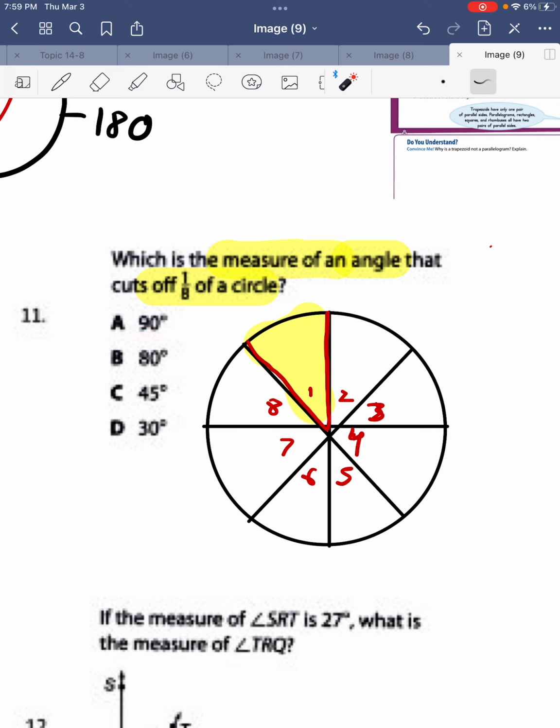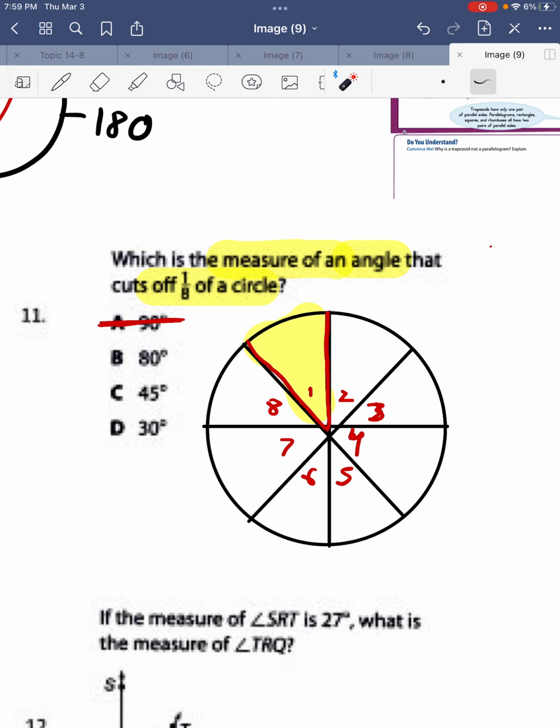First of all, I know 90 degrees is a right angle. This right here does not look like a right angle, so for sure it's not A. Next one, B, I have 80 degrees. 80 degrees is a little bit less than a right angle.